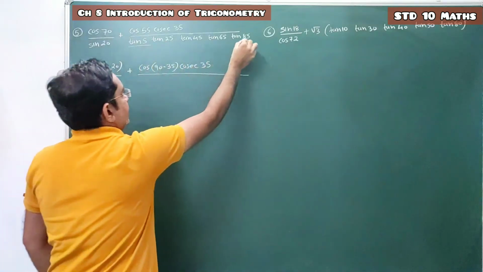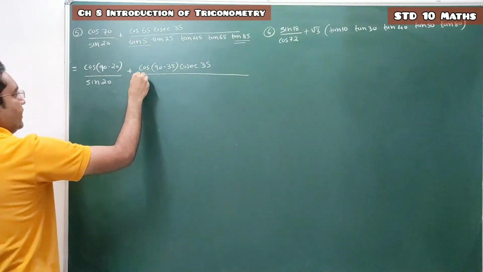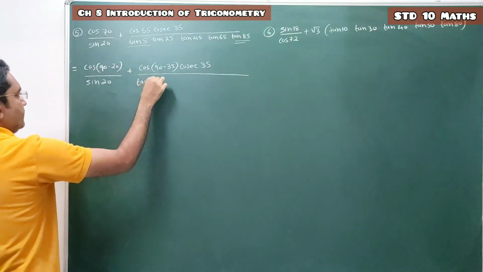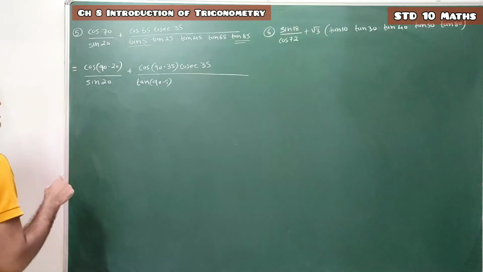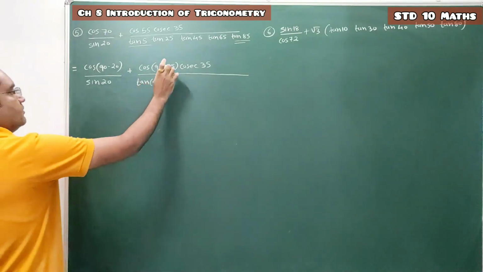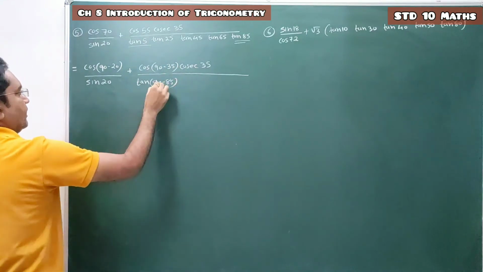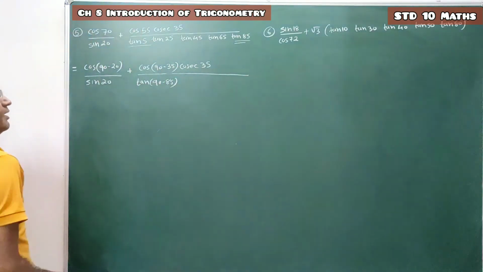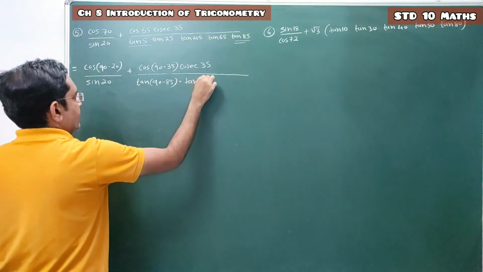Combining this tan 5 and tan 85. So taking this tan 5 as tan (90 minus 85). Tan (90 minus 85) is tan 5, and multiply it by tan 85.